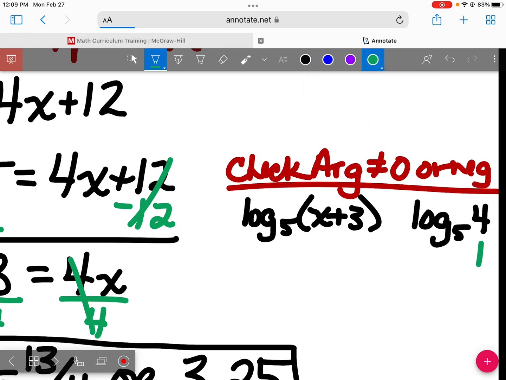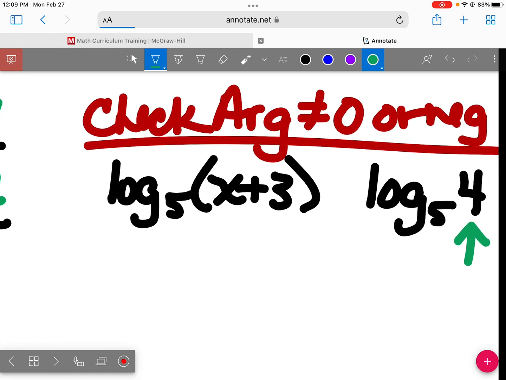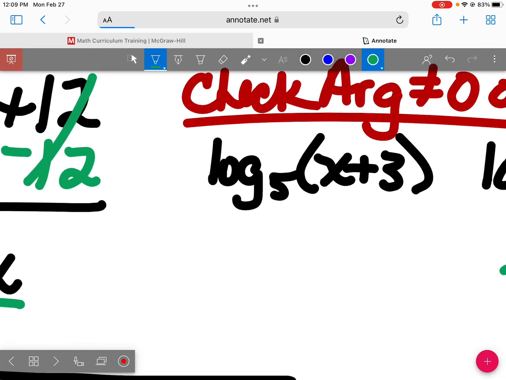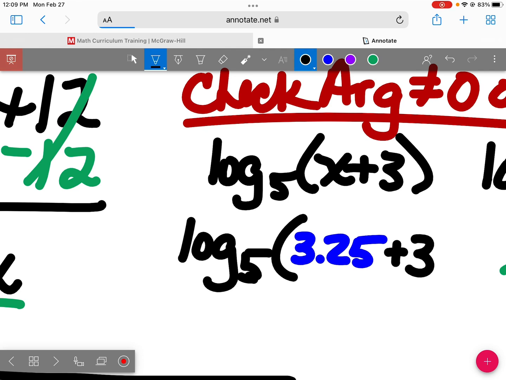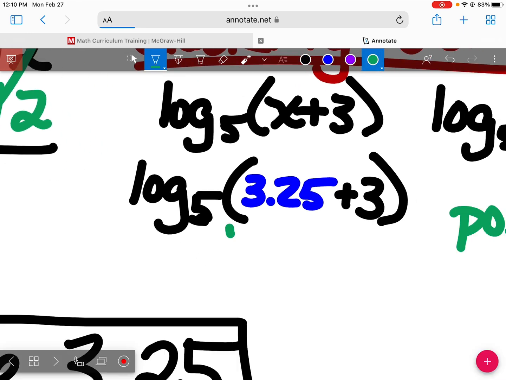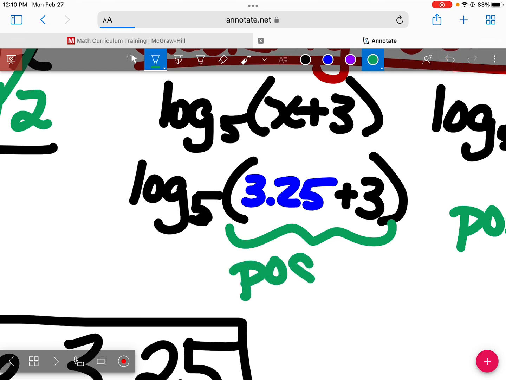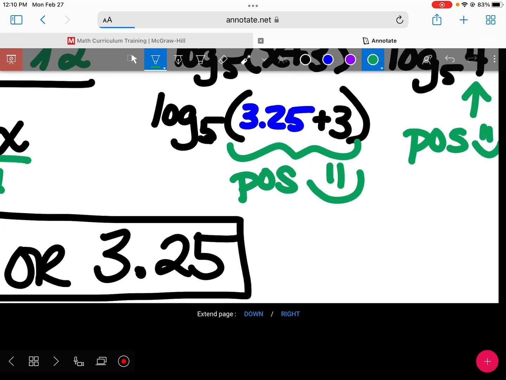Is there anything that can make this argument a negative or 0? Nope. This is positive, so I'm happy. Over here, log base 5 of, what did we say x was? 3.25, and I'm going to add 3 to that. Will that be a positive or a negative number? Positive. Yep, this is a positive number. So this is valid.